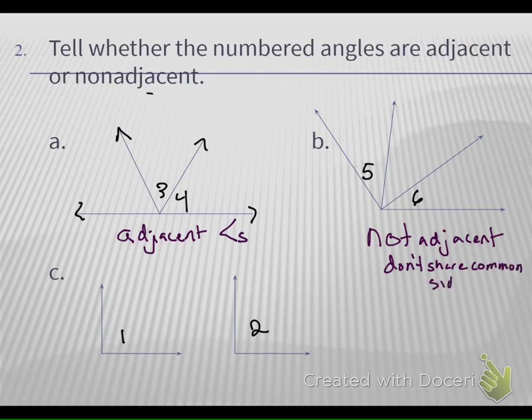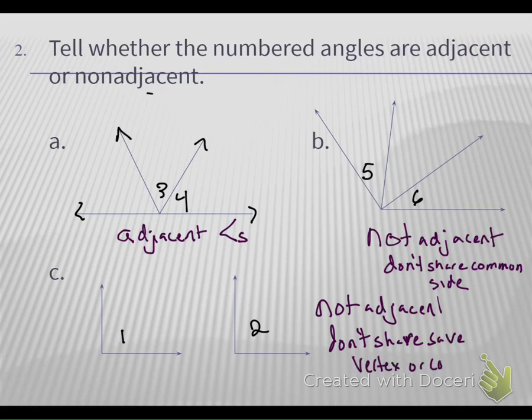Just in case when you look back. Over here we have angles 1 and 2. Do they share the same vertex? Nope. So we know that they are not going to be adjacent either. They don't share the same vertex or a common side.